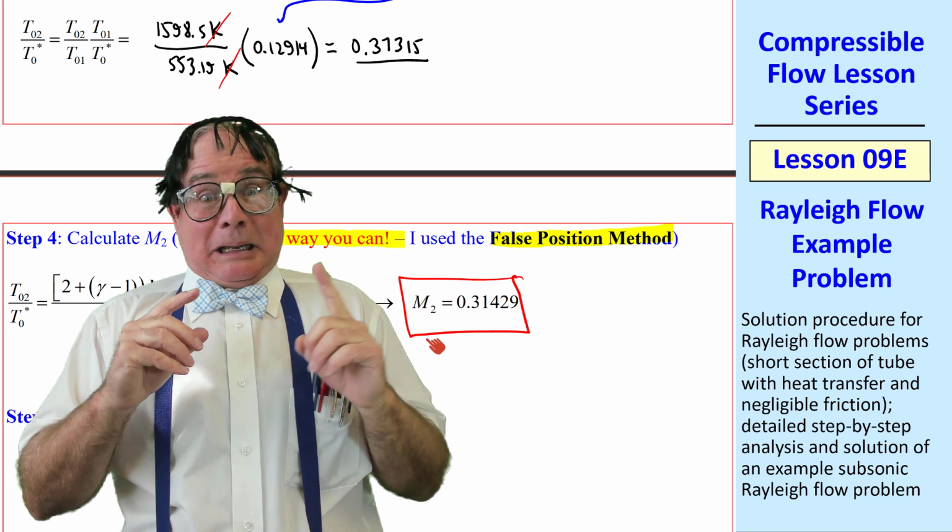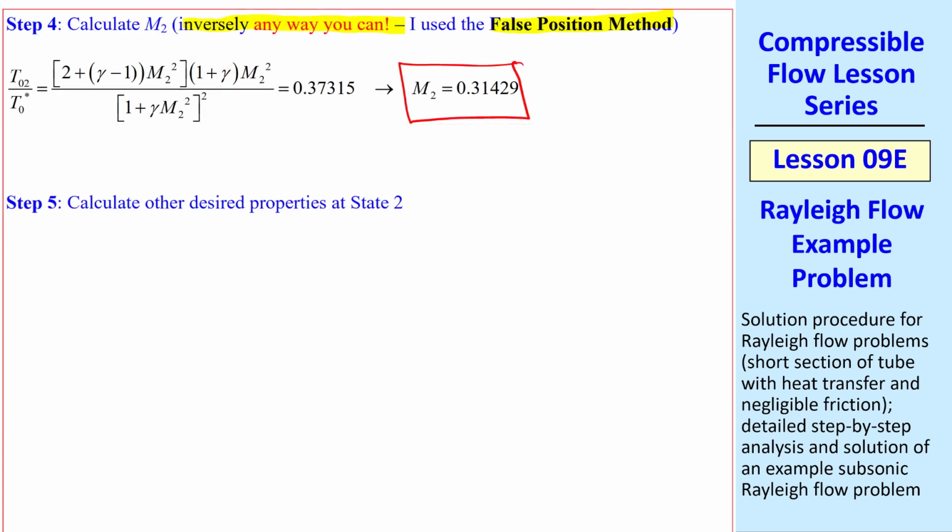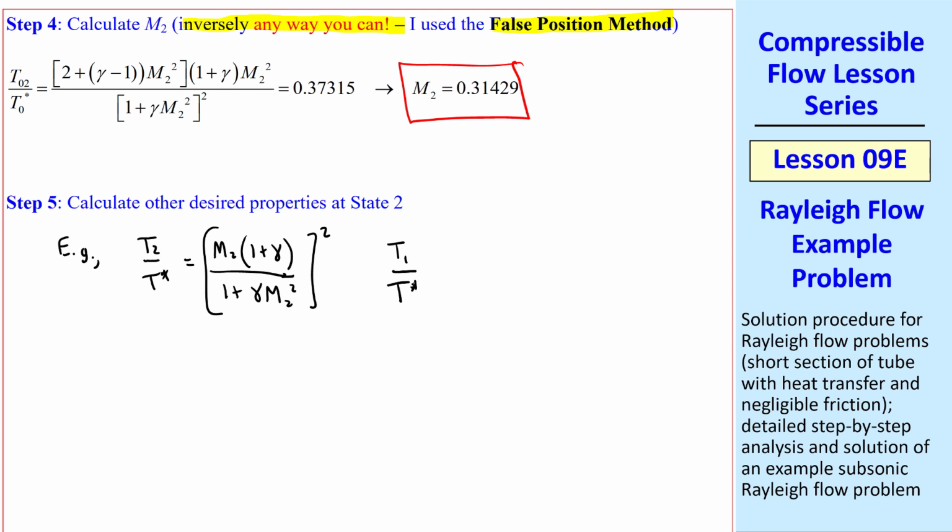You can easily verify this result using the compressible aerodynamics calculator online. Finally, step 5 is to calculate other desired properties at state 2. For example, T2 over T star is M2 squared times (1 plus gamma over 1 plus gamma M2 squared) quantity squared, from our previous lesson, and T1 over T star is the same thing, so I'll copy and paste, but change these M's to M1 instead.